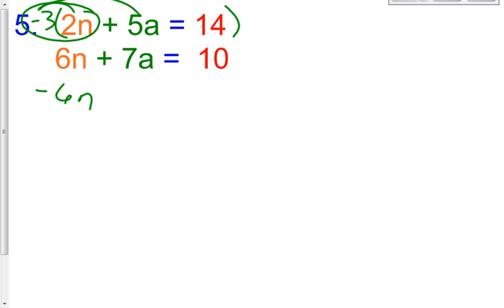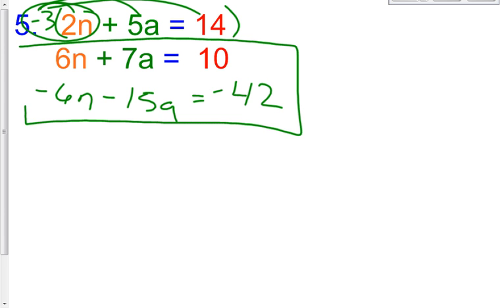Distribute the -3 to 5a to get a -15a, and the -3 to 14. A -3 times 14 is a -42. So now these are our two equations.